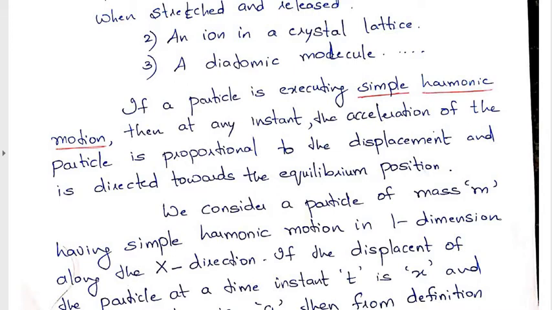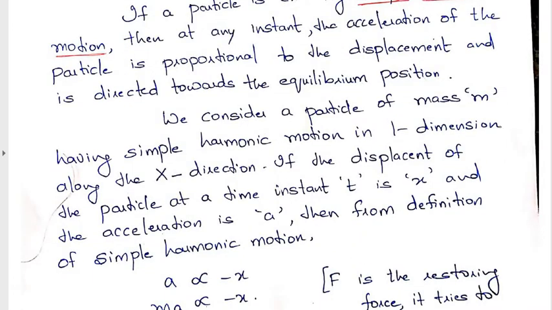So if we consider a particle of mass m which is executing a simple harmonic motion in one dimension, and let this motion be along the x-axis, and if the displacement at a time instant t is x and the acceleration is a, then from the definition of simple harmonic motion, this acceleration a is directly proportional to minus x.